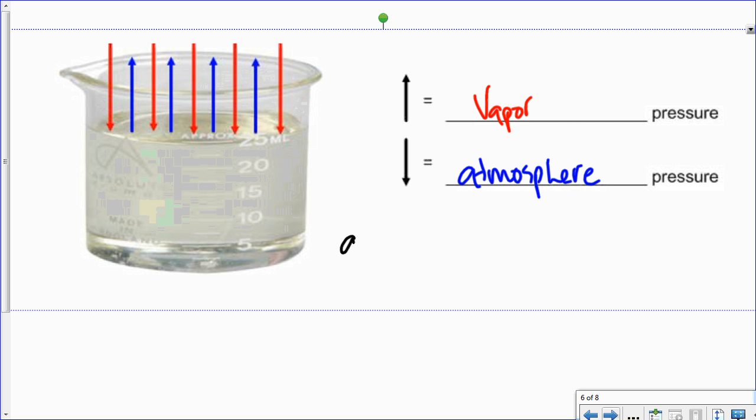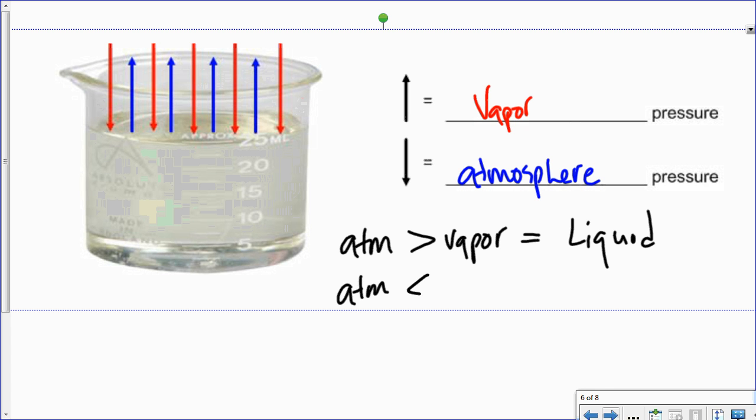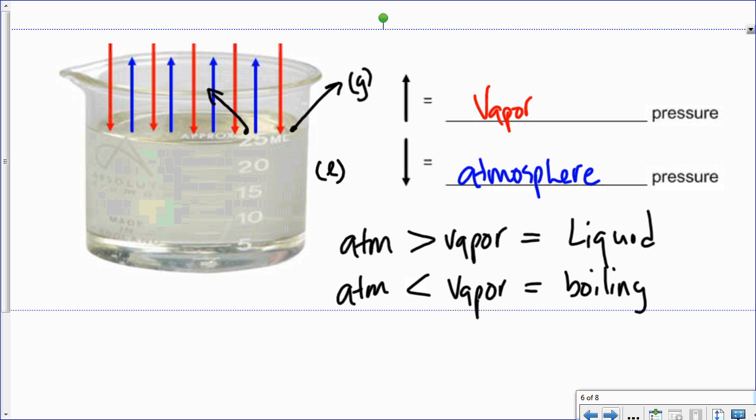If atmosphere is greater than the vapor pressure, we've got ourselves a liquid because it's pushing down harder. If the atmosphere is less than the vapor pressure, we've got ourselves some boiling occurring, because the liquid is beating the atmospheric pressure, it's turning into a gas. All those atoms at the surface are going, see you later. I'm going to turn from a liquid into a gas.